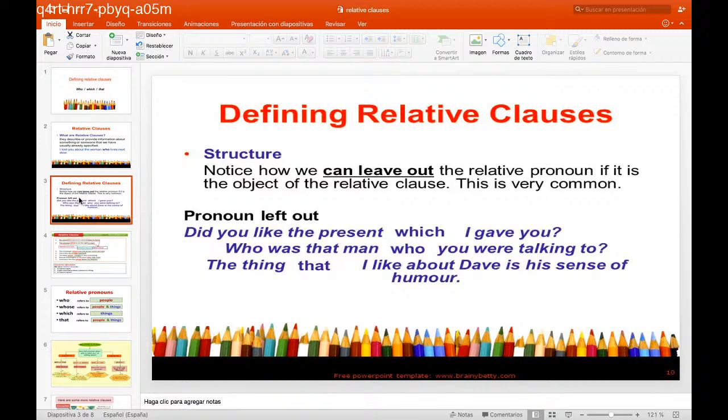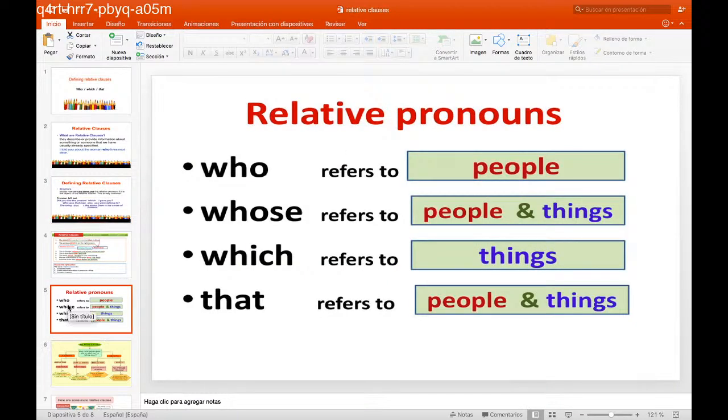In relative clauses, we can write it most of the time in the middle of my sentence, so in that way we can join the two sentences in one. How do relative pronouns work? Who makes reference to people. Which is specifically for things.